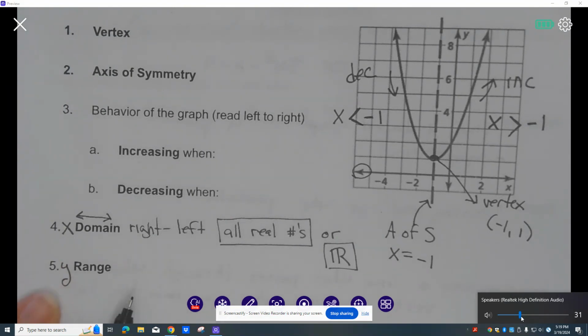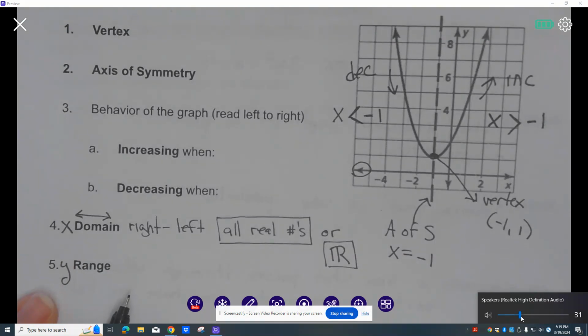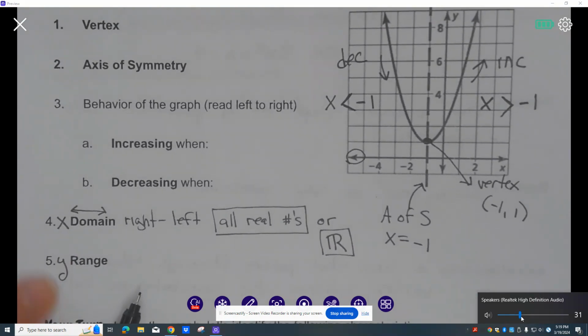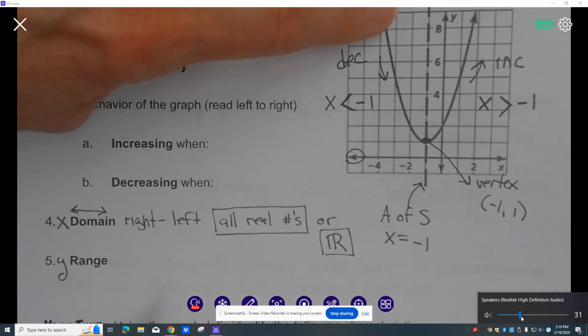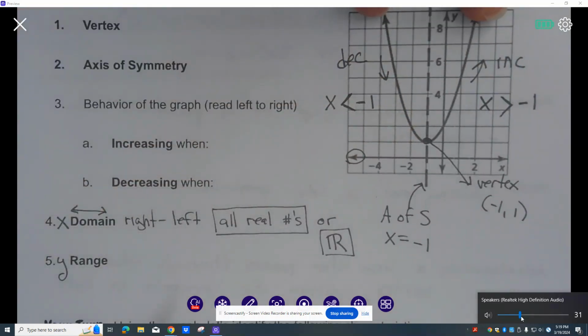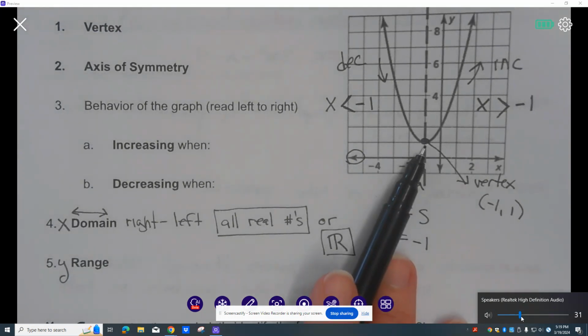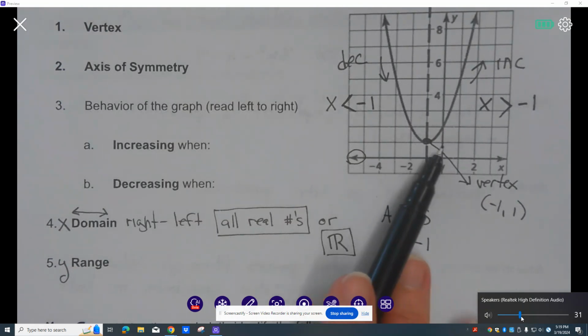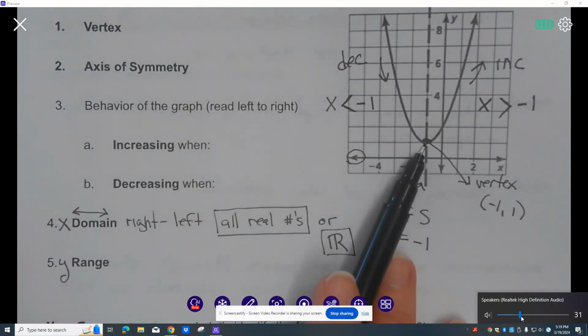The range will change depending on your graph. So if you look at this graph, you can think these arrows are going up forever. So I can't find the top of the graph. But this right here is the bottom. The bottom of the graph is right here. This is the lowest point on the graph.